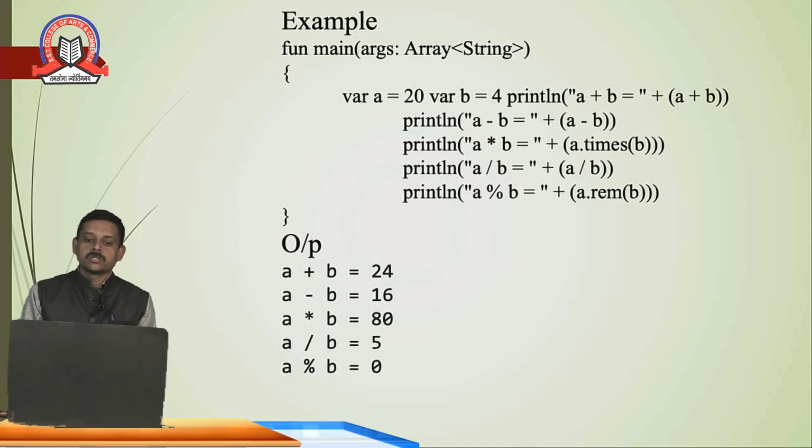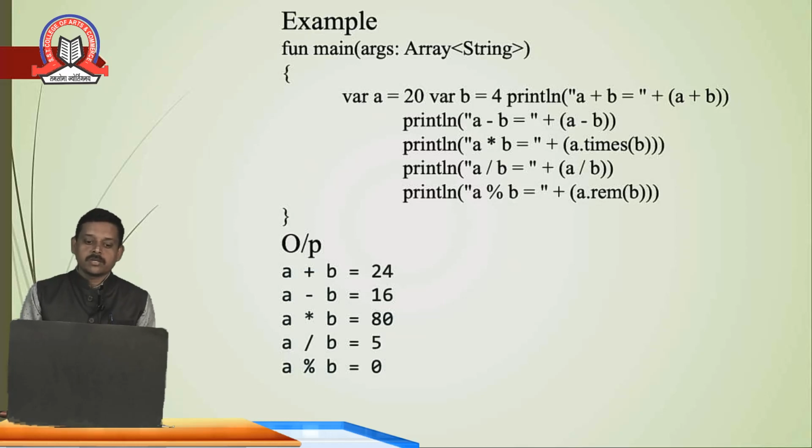Similarly, we have used the hyphen or minus for a minus b, a dot times b, a slash b, or a rem b, or instead of that we can use a asterisk b instead of a dot times b, or a percentage b instead of a dot rem b.